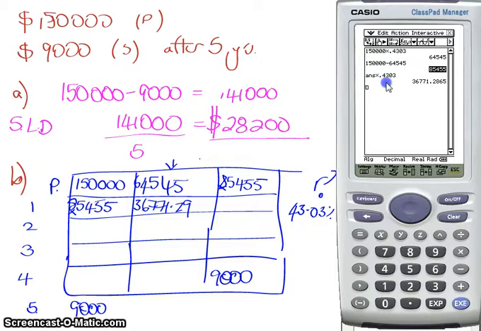So now I'm going to do 85,455, because I can just drag that out, so save typing it, minus this one. So that means that then this year I'm left with $48,683.71. That's what I start with the next year.